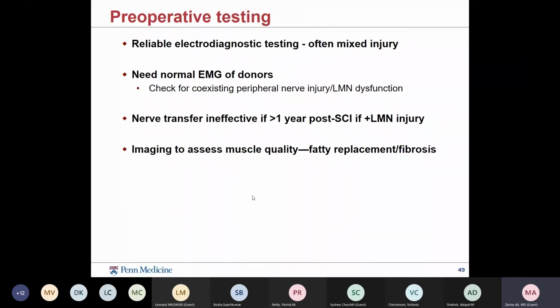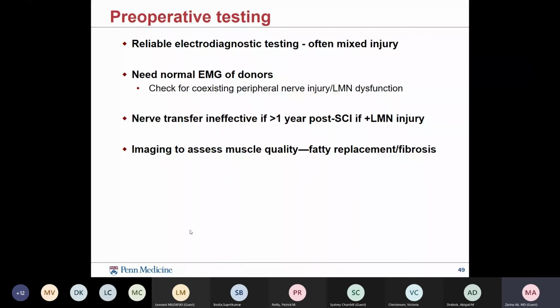In terms of pre-op testing, we rely a lot on our pre-op electrodiagnostic testing. Often that shows us the mixed level of injury. So we're able to see from the EMG what neural elements are still intact, what may be partially damaged, and what are completely damaged.